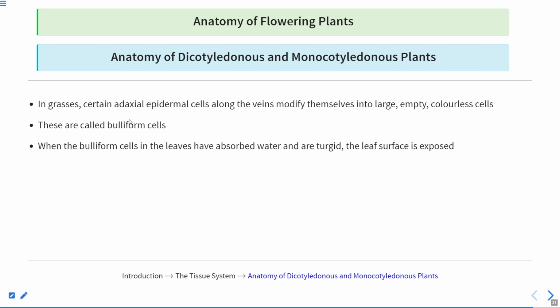In grasses, certain adaxial epidermis cells elongate along the veins and modify themselves into large empty colorless cells, right? These are called bulliform cells. So along the veins in the adaxial epidermis, they modify themselves and form empty colorless cells.